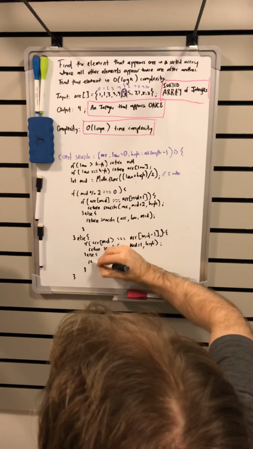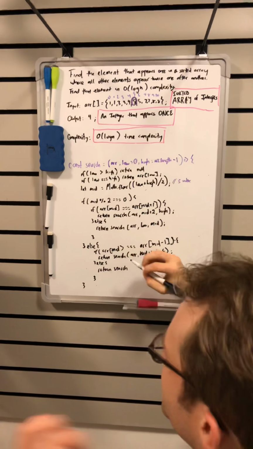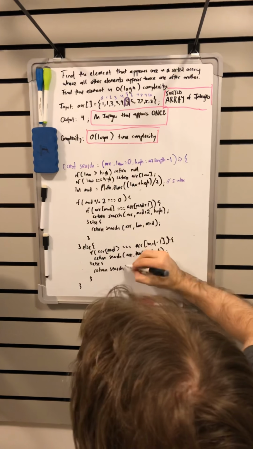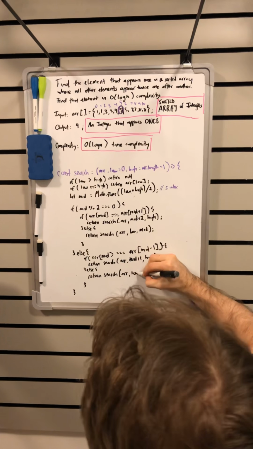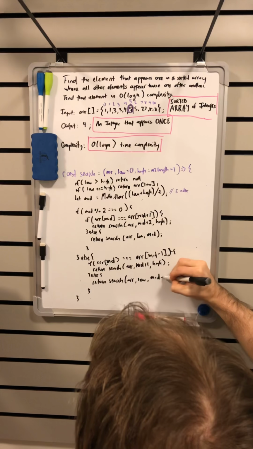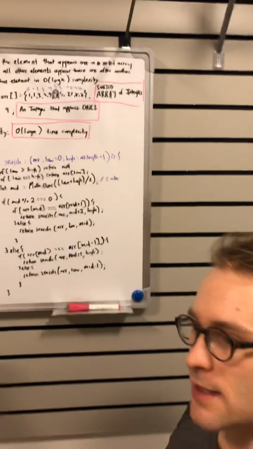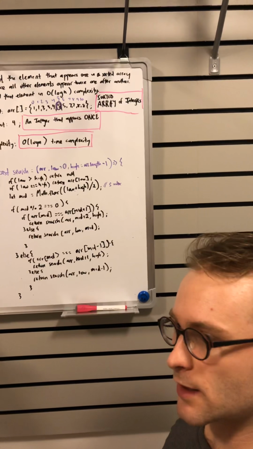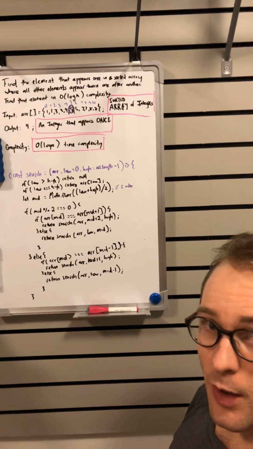Else, we want to return the search from the low to the mid minus 1, because we've established that the guy behind us doesn't look like the current middle point we're on.